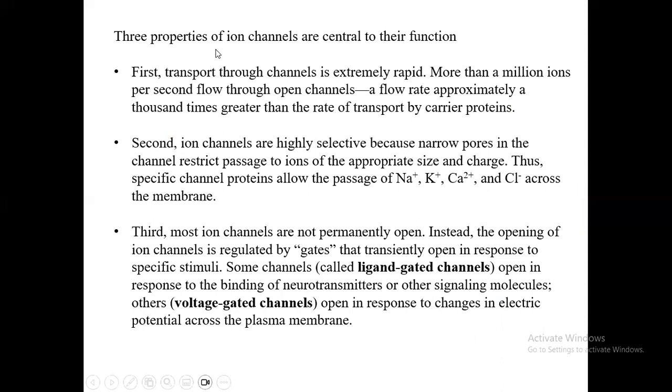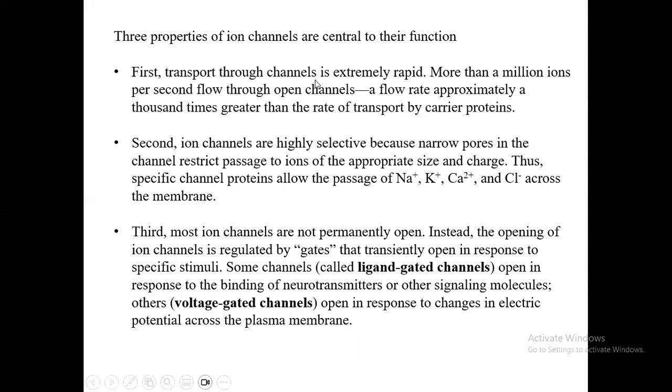So coming to the properties of ion channels that are important for their function. Firstly, the transport through the channels is extremely rapid if you compare it with transport through carriers or transporters.